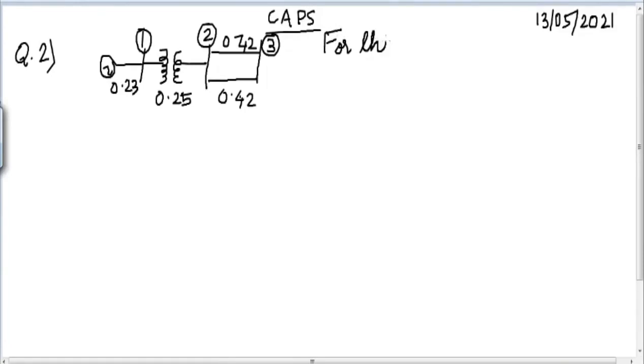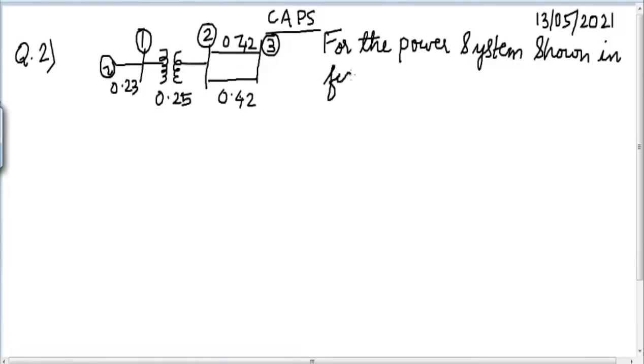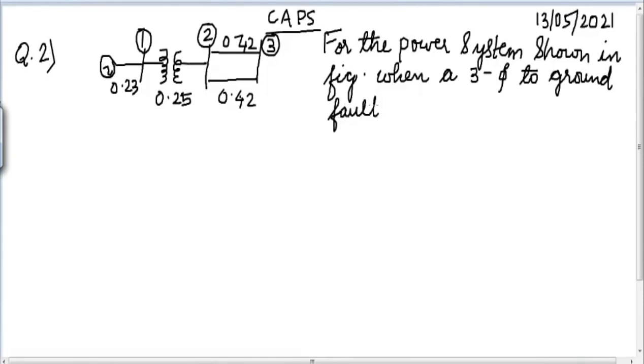For the power system shown in figure, when a three-phase to ground fault occurs on bus 2, calculate the following.